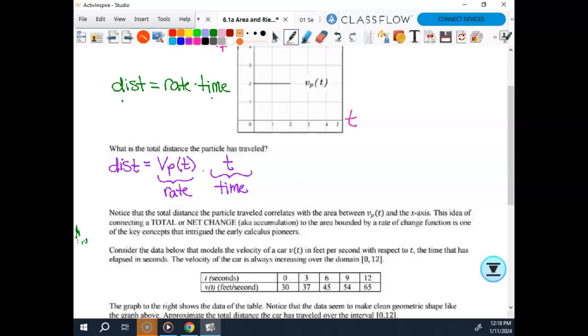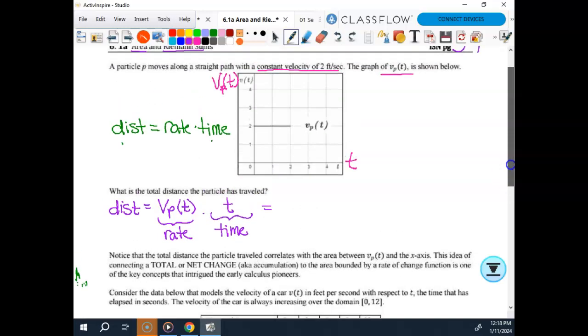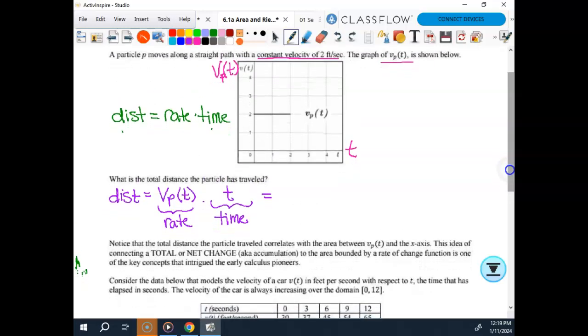So distance is equal to rate times time, so that's my velocity times my time. What is the velocity of this particle? 2 feet per second, because it's constant, right? So my velocity, because this is my y, is 2 feet per second, so I'm going to write it in there as 2 feet per second.